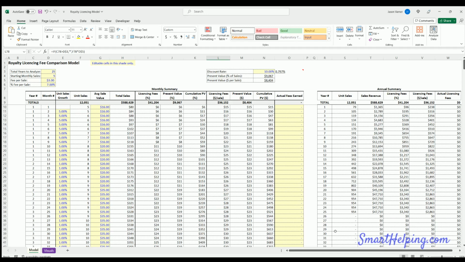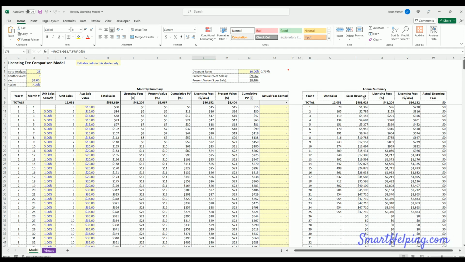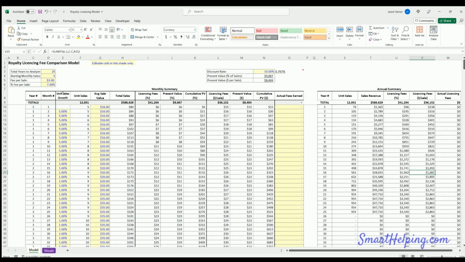I also analyzed it by year here, and this is what's going into the chart you see over on the other tab. So all the simple flow is here. This section is showing the expected sales. This is showing how much you earn on those sales as a percentage of sale, if that's how the agreement's set up.